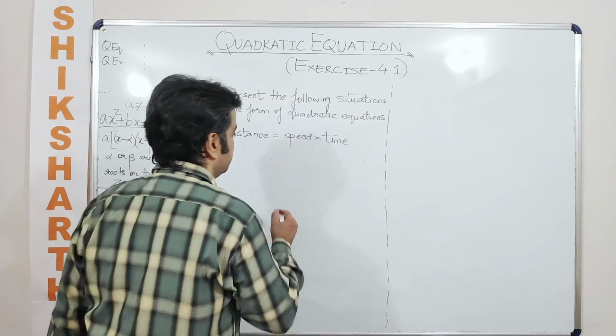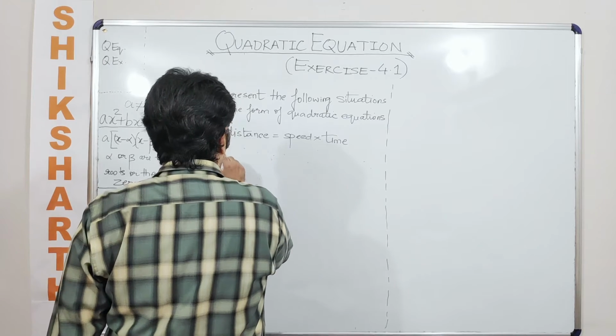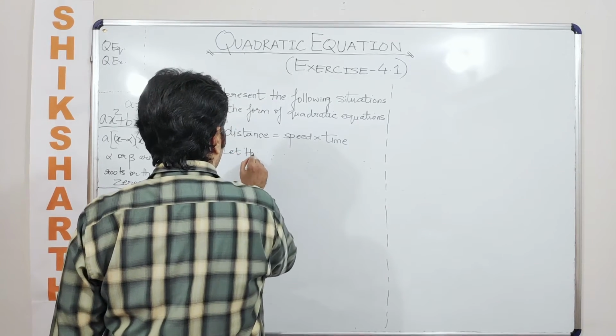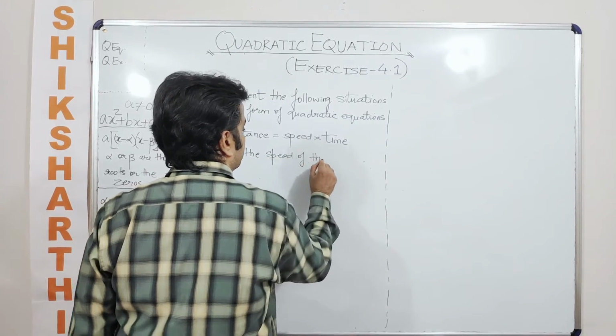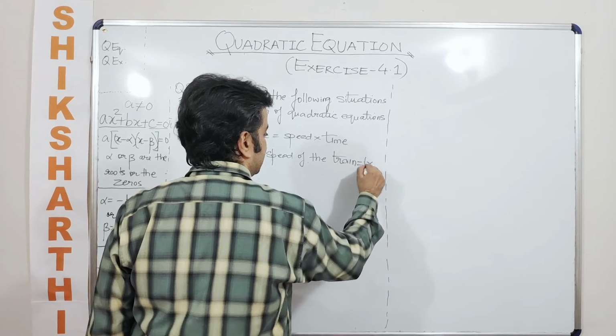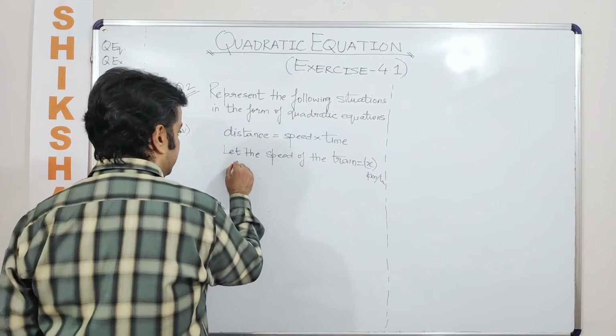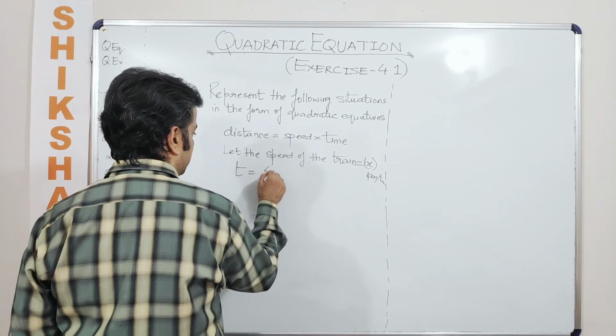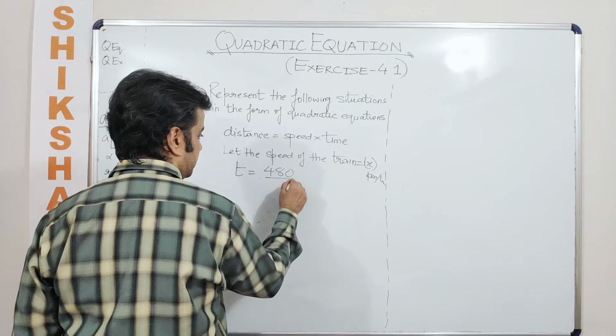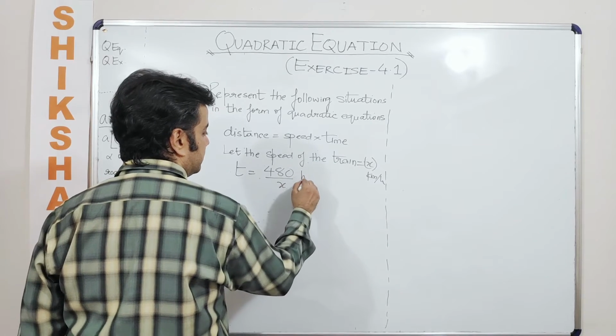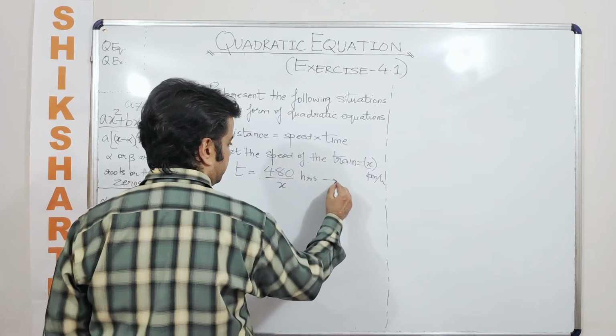You are supposed to calculate the speed of the train. So let the speed of the train be equal to x kilometer per hour. So in that case, the time taken will be, distance is already given to you, 480 upon x hours. Let's say this is first equation.